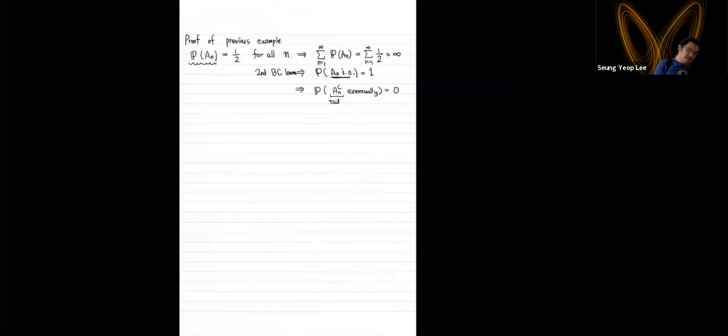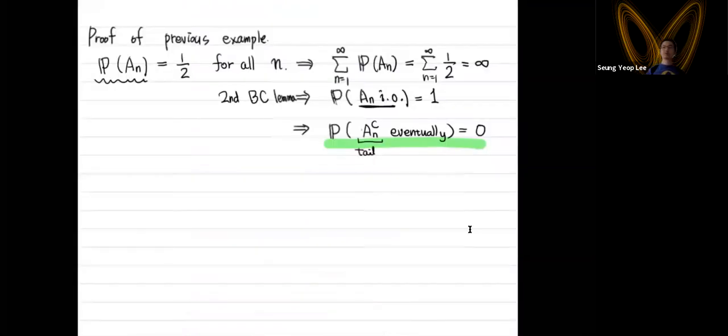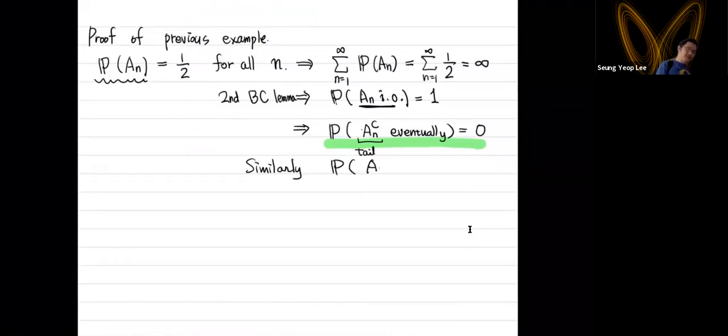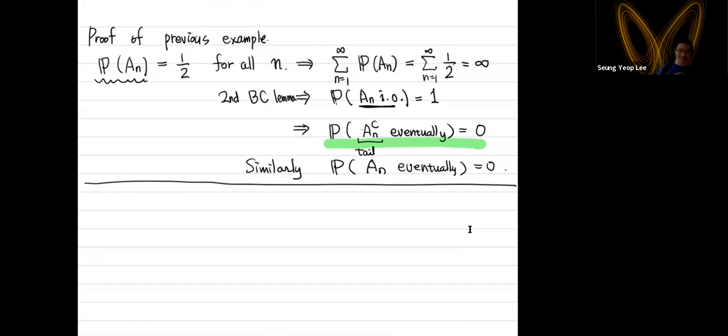So we just proved that tail eventually is 0 using Borel-Cantelli. Similarly, the probability of head eventually is also 0. That's the application of the Borel-Cantelli lemma. This unlikely thing we can now prove rigorously, and for that we need to prove the Borel-Cantelli lemma. Okay, let's see if we can prove it in the remaining time.